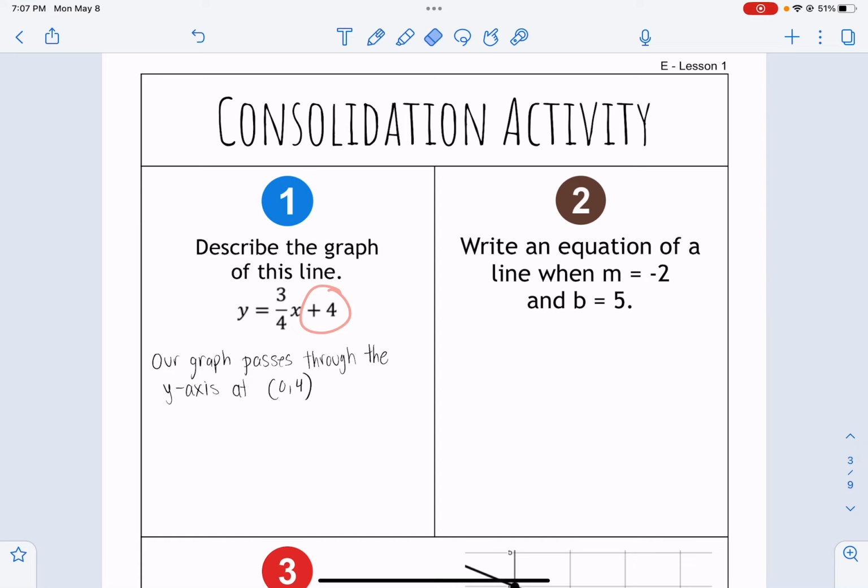From here on out, we're using the rise and run to get a better idea of what this line looks like. From this point, the line goes up 3 and over to the right 4. From there, it goes up 3 and over to the right by 4.